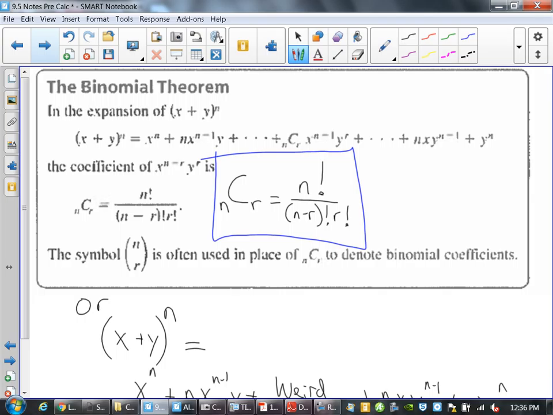So if it was a squared term, the second term of the sequence would have a coefficient of 2. If it was a cube, it would be a 3, and so on. But in the weird part in the middle, you can use this combination, the nCr, n choose r. There's a button on your calculator that'll do that for you. Or, if you remember what that means, you can simplify it rather quickly.